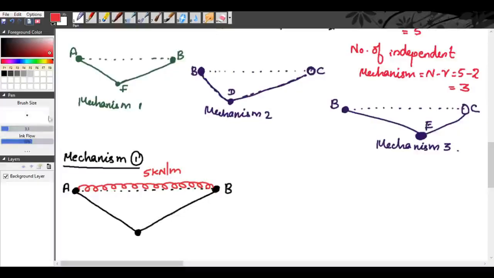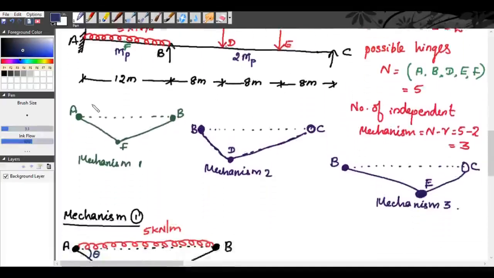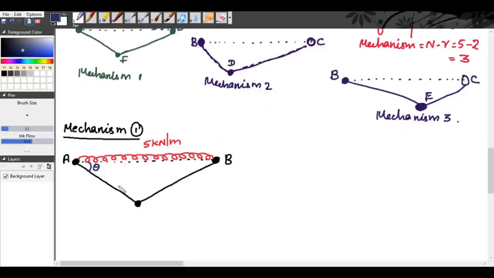So let us take this angle as theta. And the distances, see this distance AB is 12 meter. So the hinge forming will be 6 meter, 6 meter. So when you take AB, this is 6 meter and this is 6 meter. So totally it is 12 meters. Okay.